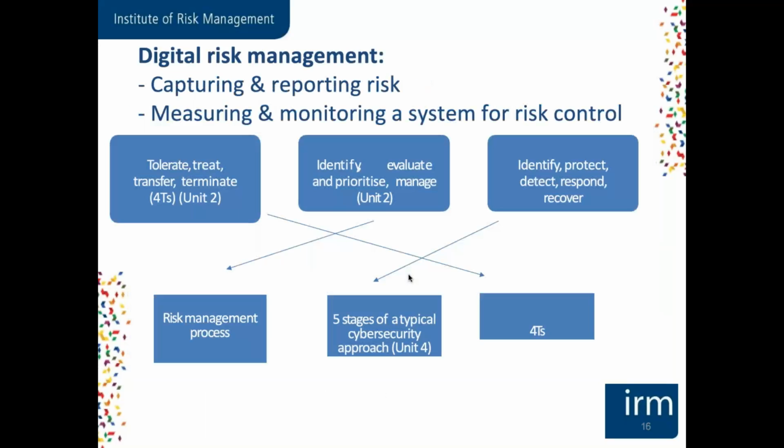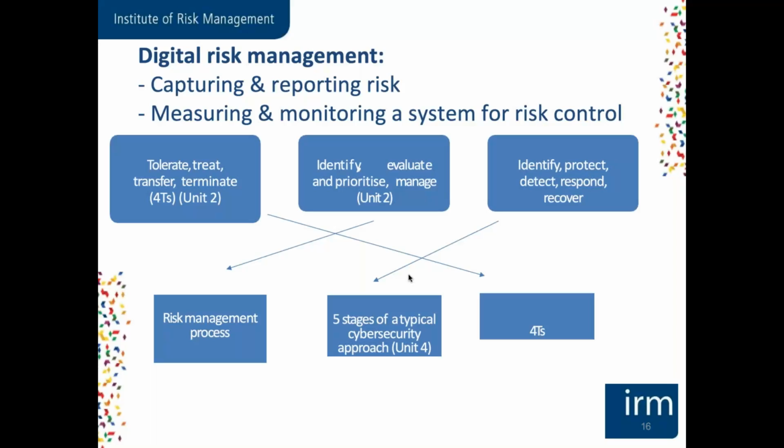Here you've got just some of the models for digital risk management, for capturing and reporting risk, and of course for measuring and monitoring a system for control of that risk.